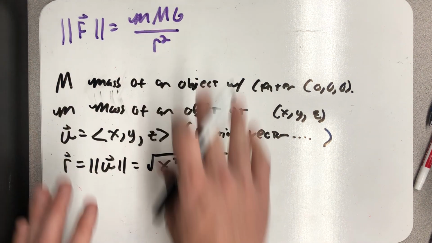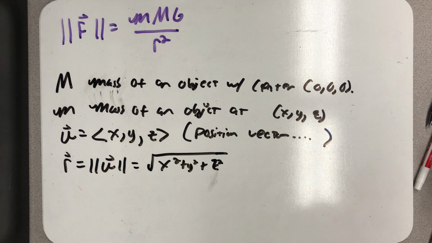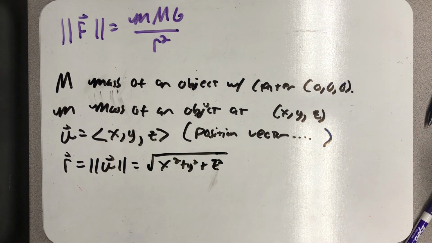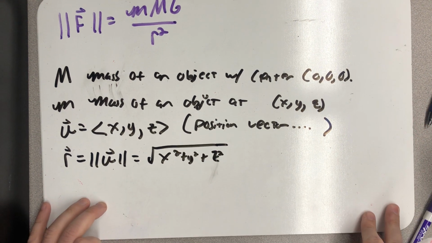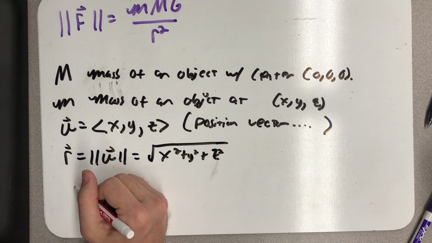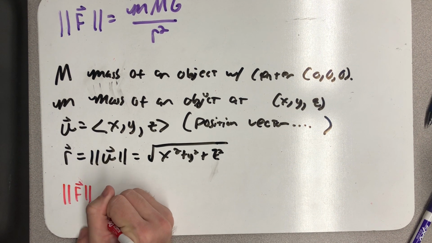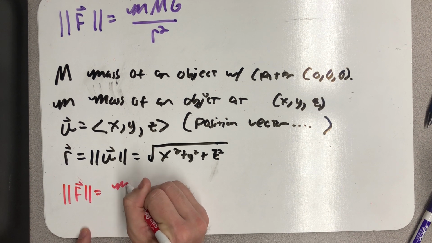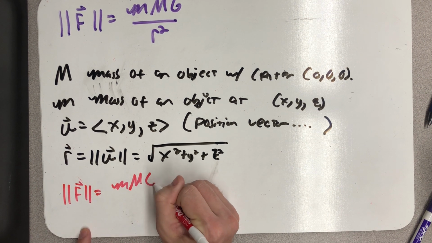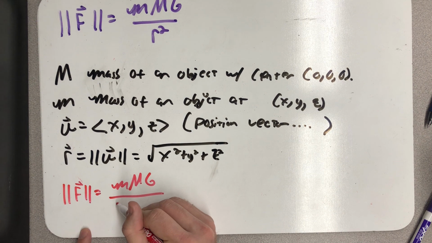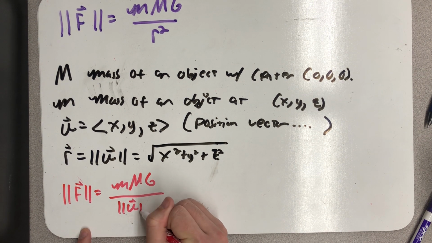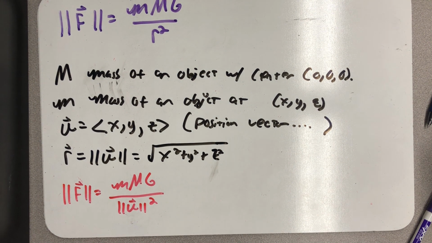All right, so I can start putting things together in my notation now that I've identified where objects are. So big F is then equal to m M G over the magnitude of u squared, right? Replacing r with u.